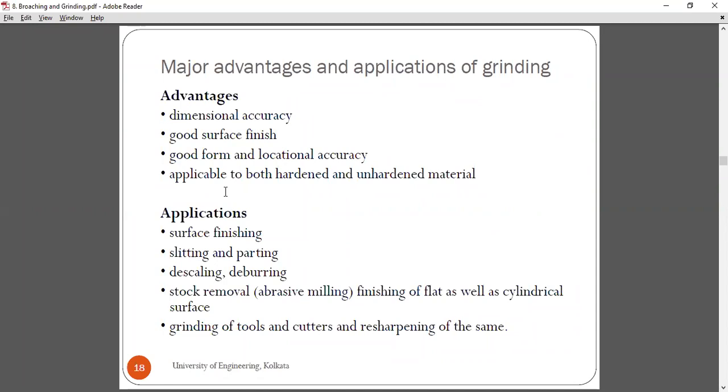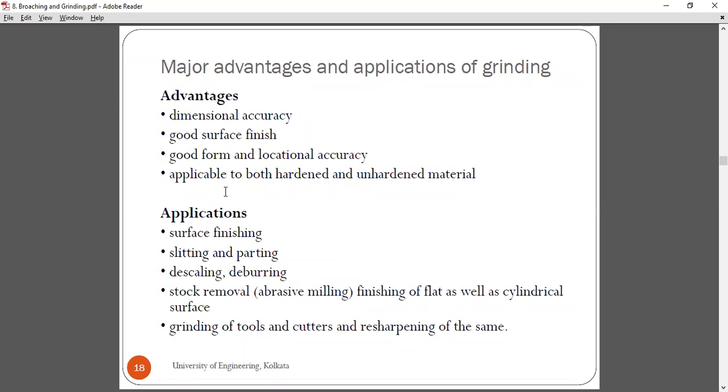So grinding of tools and cutters is very important for us to know, because in this subject we have read about different types of cutting tools and their geometry. In case the cutting tool has lost its shape and geometry, we can get it back using the grinding process. And also you have studied in tool life, the tool life is the duration through which the tool functions between two successive grindings.